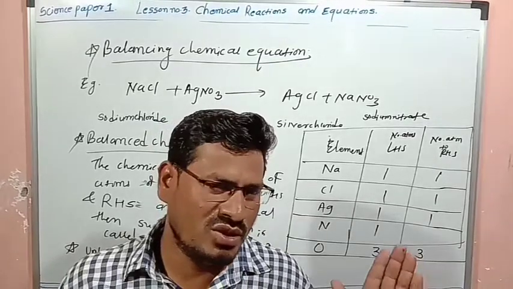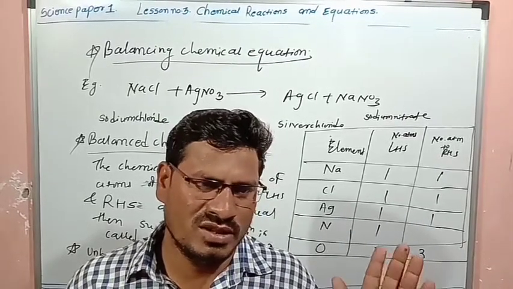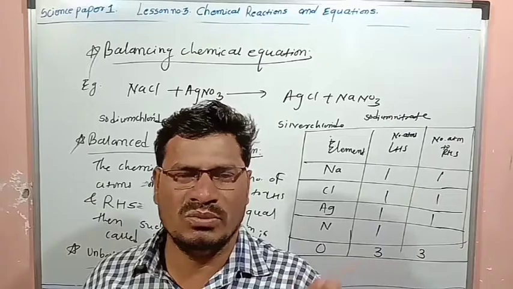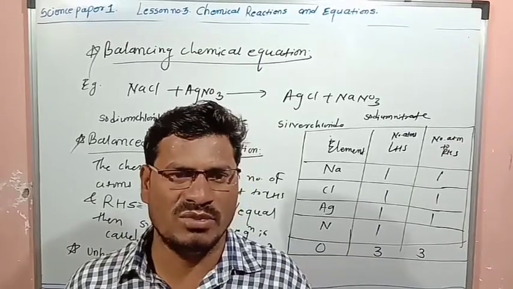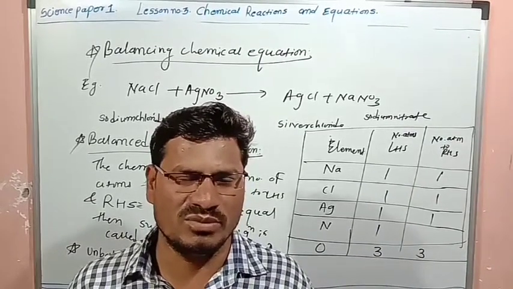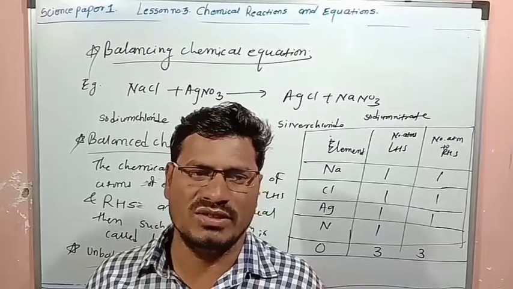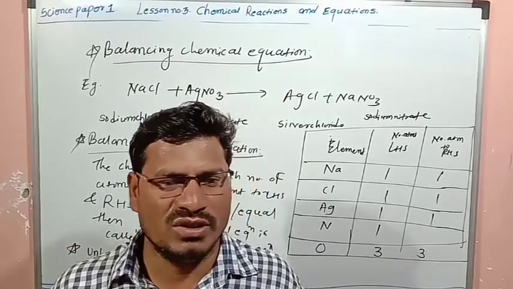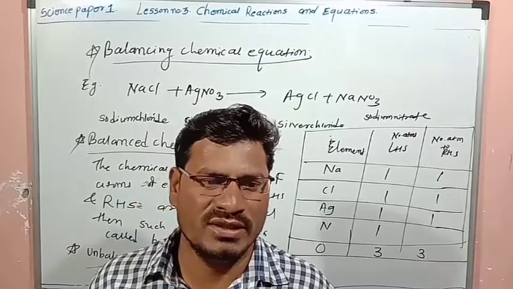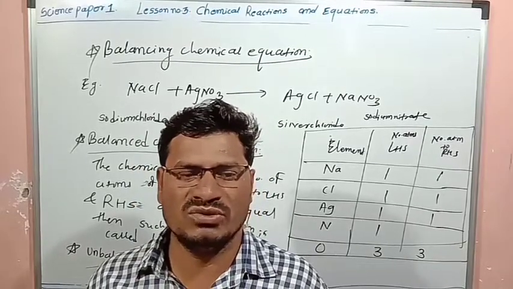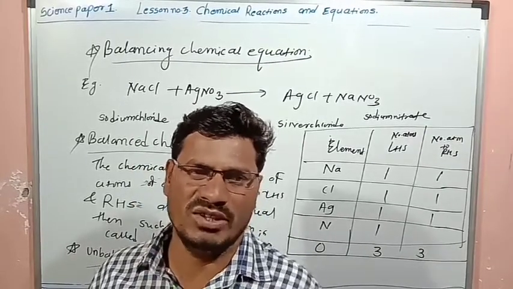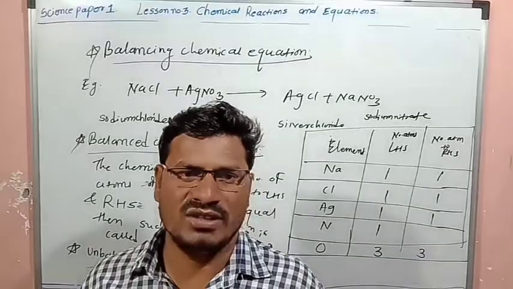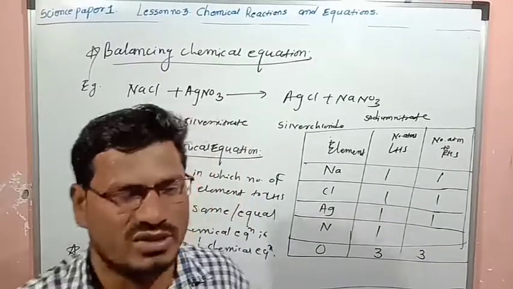So the mass of reactant is equal to the mass of the product. Total mass of the reactant is equal to total mass of the product. This is the law of conservation of mass. So next thing we are going to study is the steps in balancing a chemical equation. What are the steps to balance the chemical equation?